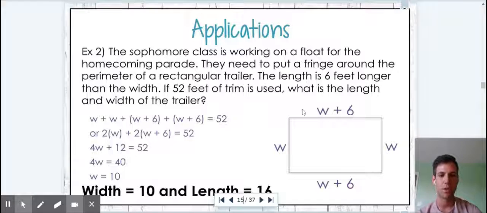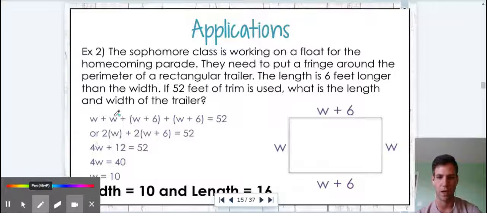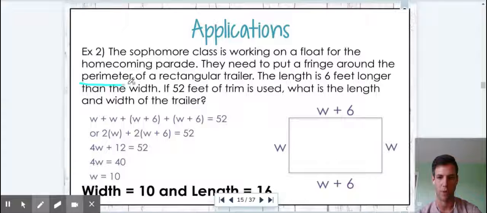And when you're doing perimeter, which we can underline, we're doing a perimeter problem. A perimeter of a rectangle is adding up all 4 sides together. So if we added up the 2 widths and then the 2 lengths, they have to add up to 52 feet of this trim material they need to make the rectangular trailer.